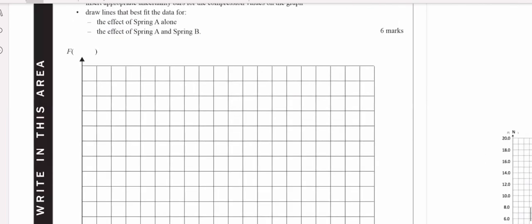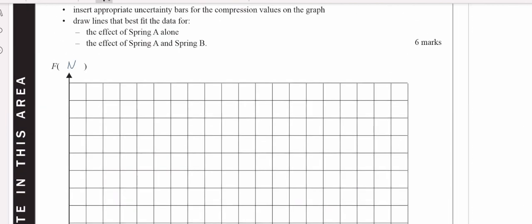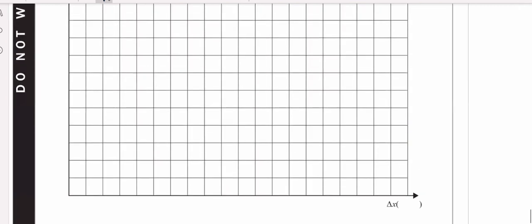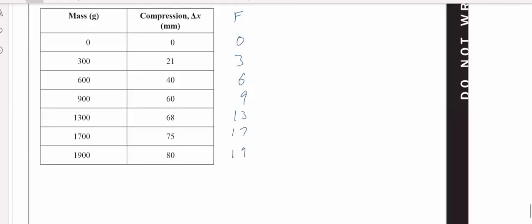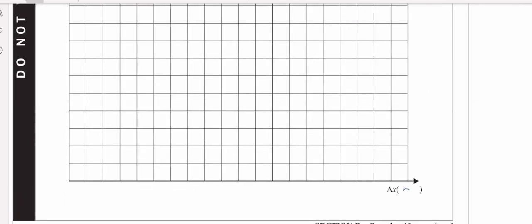And we have to draw the graph, newtons and meters. This 20, 40, 60, we can go by 20s. Start at 0.